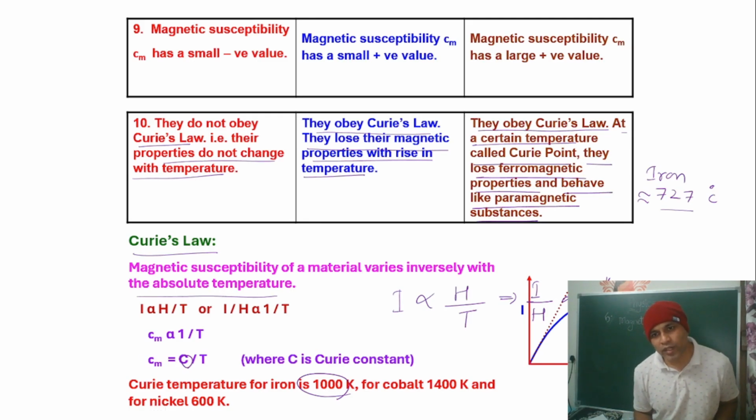This graph shows that the intensity of magnetization becomes stable at this level, at saturation. It will not increase or fall down; it will not increase linearly with the H value.